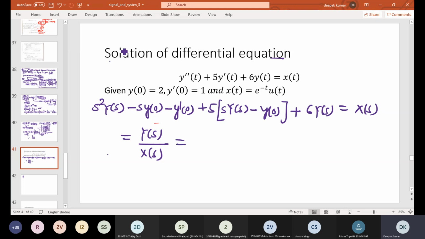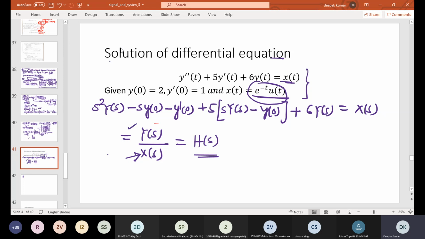If you find this, it represents the transfer function. Here basically I have not given the input. Basically this is only the solution of a differential equation. In this expression here xt is directly written as e to the power minus 60 ut. So this xt is replaced by this term, so you have only yt.